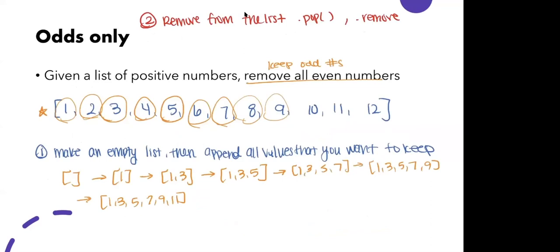So in this case, do we want to use .pop or do we want to use .remove? If we were to remove from the list, .remove.